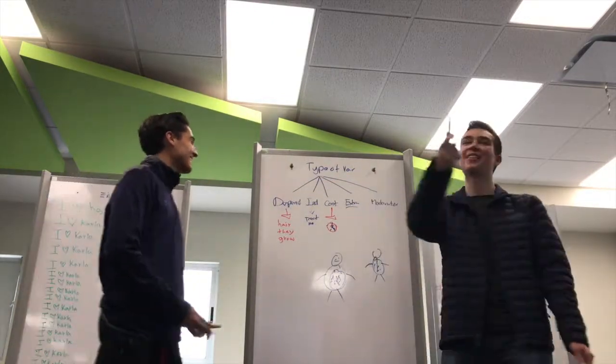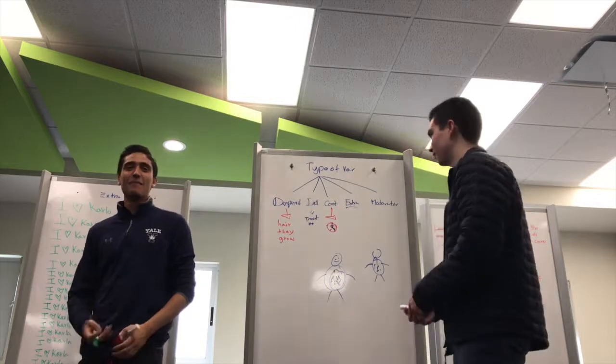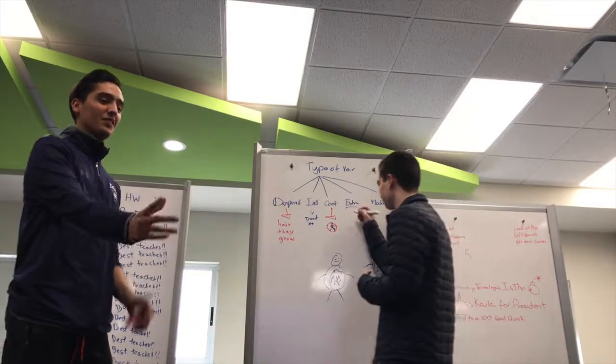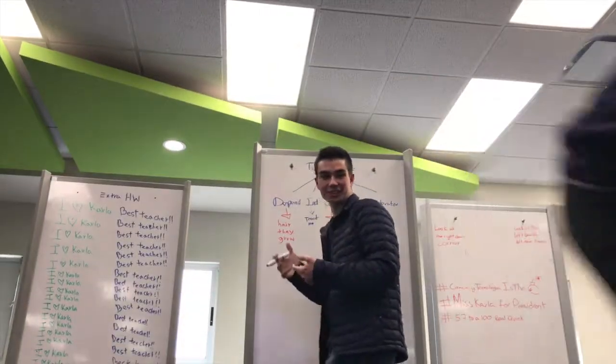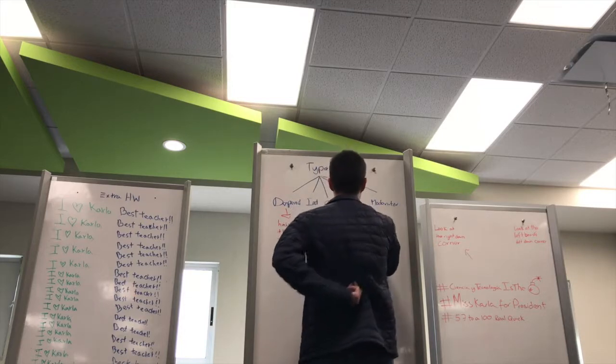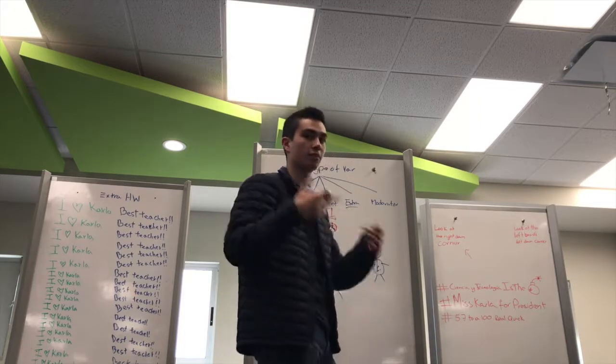Then we have the extraneous variable. That's also called the troublesome variable, the one that causes the problem.